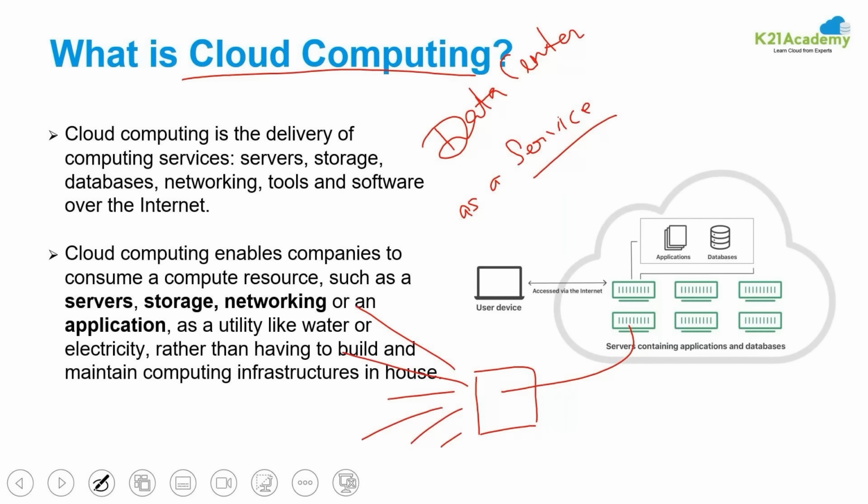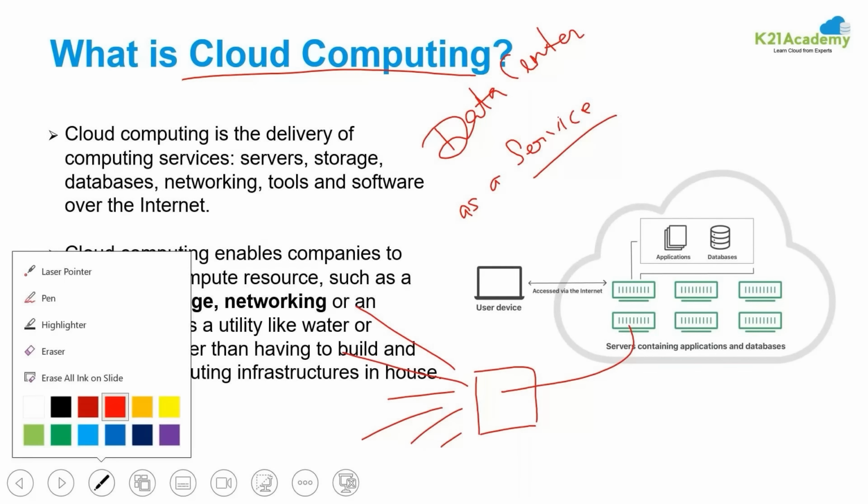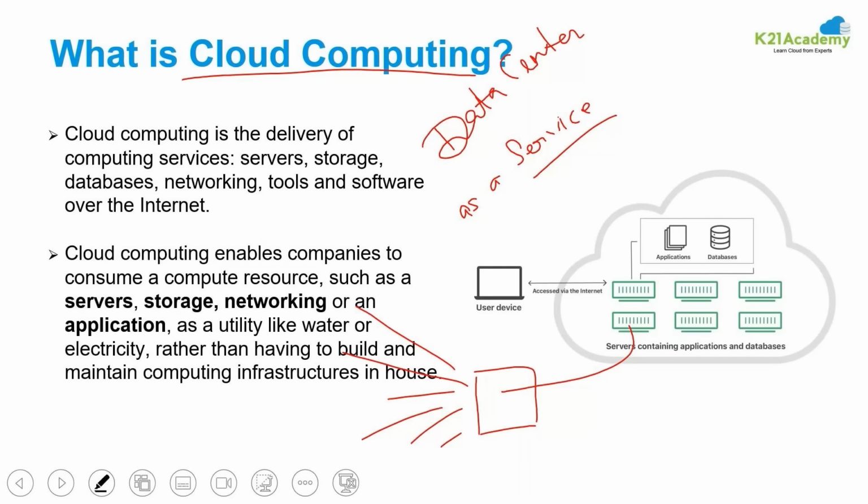They said, I will give you servers, storage, database, network tools, software. I will keep everything in my premises. Who? The cloud service provider. They will keep all these resources, servers, storage, database, networking, security related devices, software, everything in their premises.